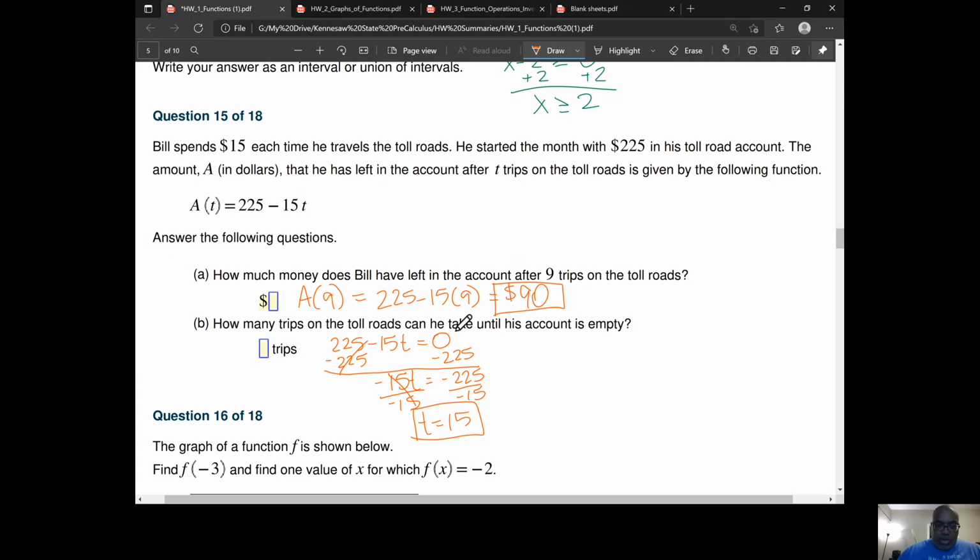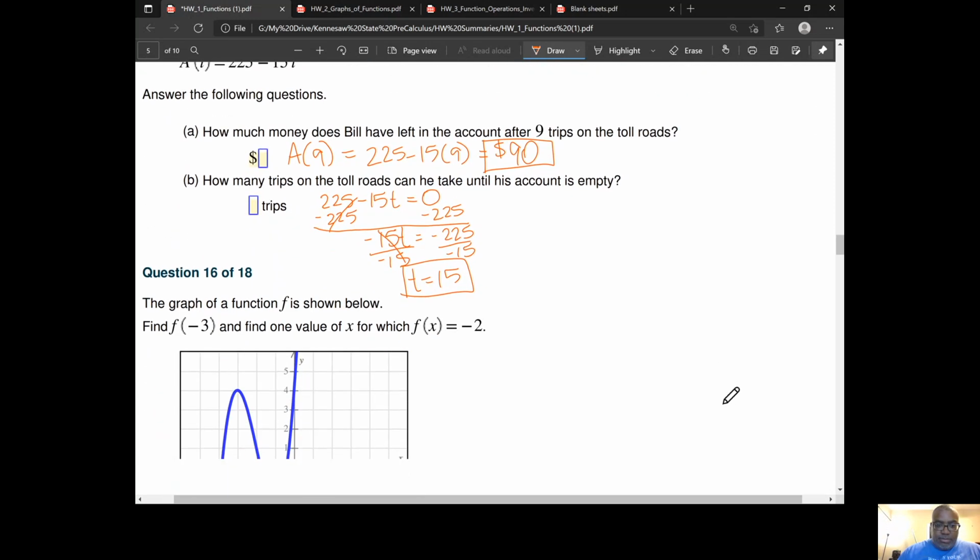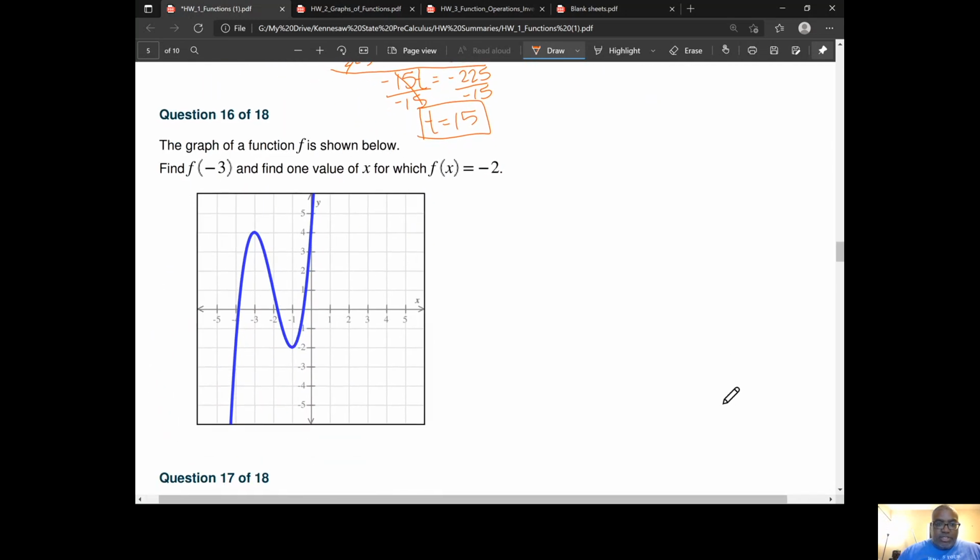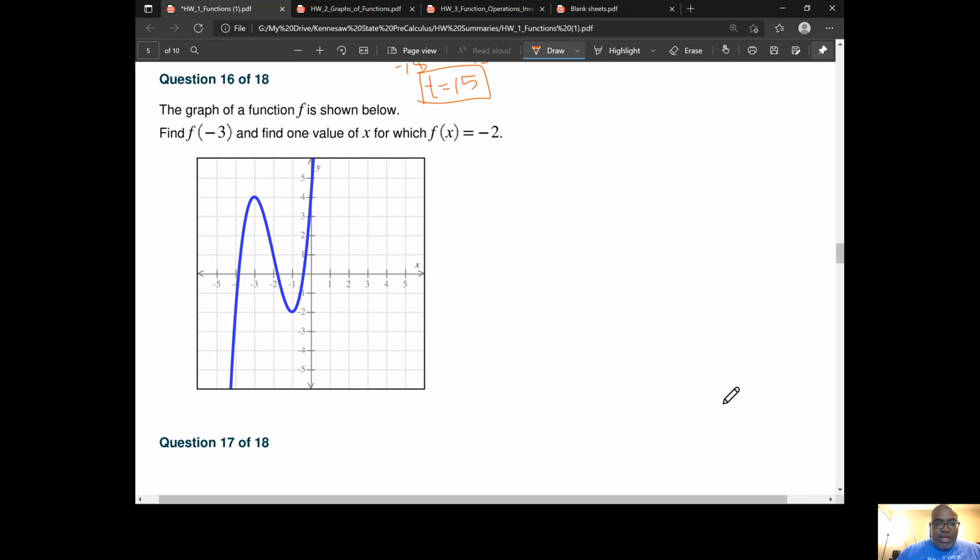All right, almost there for this one. The graph of the function is shown below. Find f of negative 3 and find one value of x for which f of x is equal to negative 2. So f of negative 3, that means I go to negative 3, and at negative 3, my y is equal to 4.